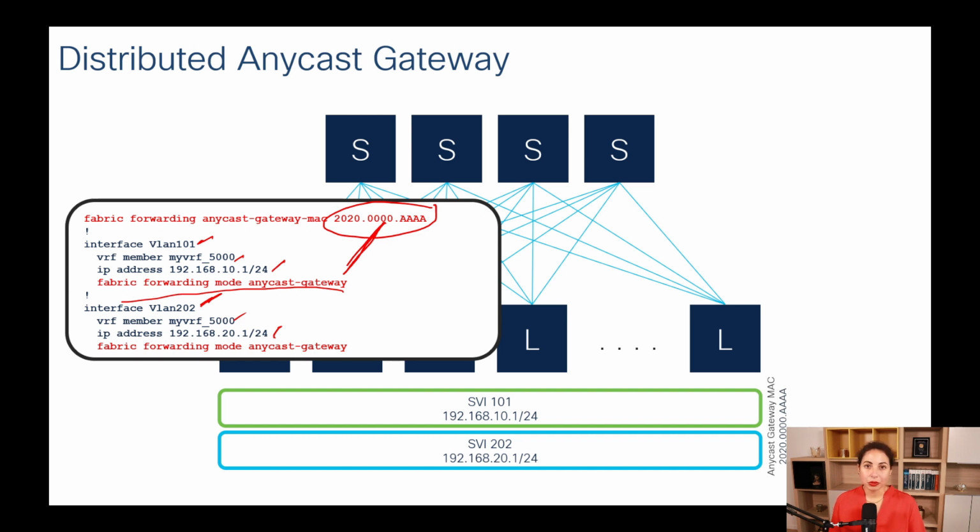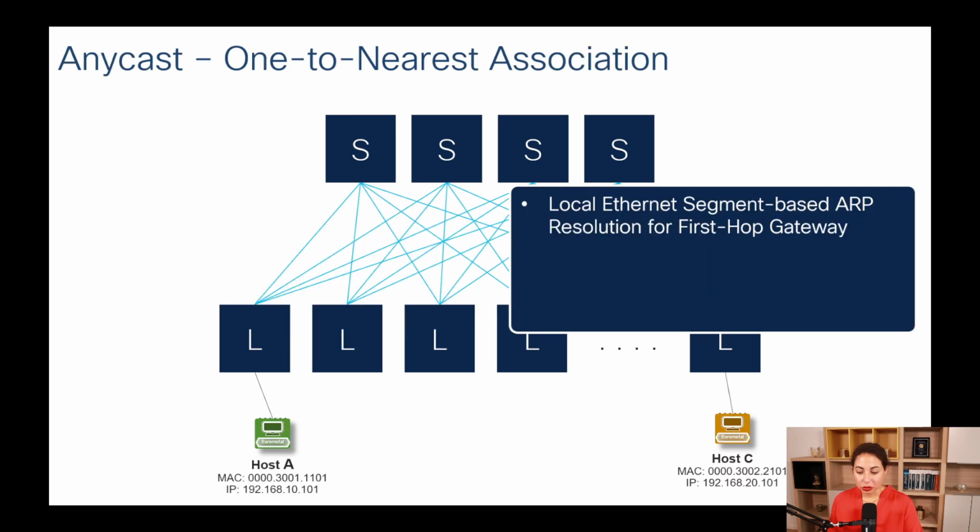When we configure this, it allows us to activate the SVI as a pervasive gateway across the fabric. And this configuration block, we will have configured on all the leaves of the fabric. It is really a similar template that we are replicating everywhere. And when it comes to the resolution of the IP to MAC correspondence for the default gateway, it is very simple as well, because each host resolves it locally.